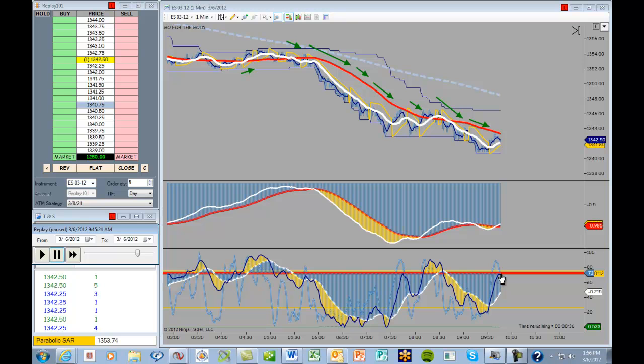We can also utilize the stochastic to a degree.